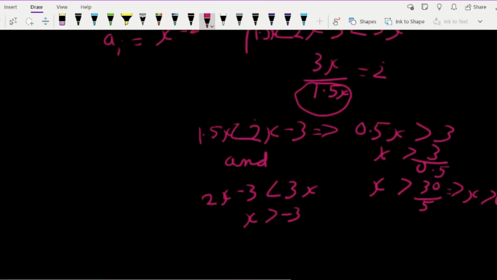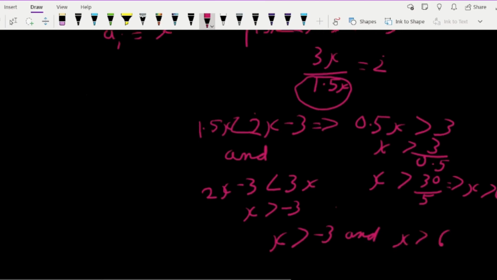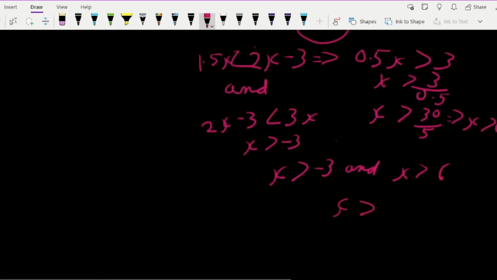And in the condition it is also given that the first integer in the array, the first x0, should start from greater than or equal to 3. So basically we can see that if we add these two conditions, we will get x greater than 6.